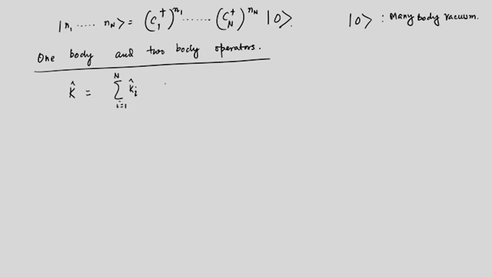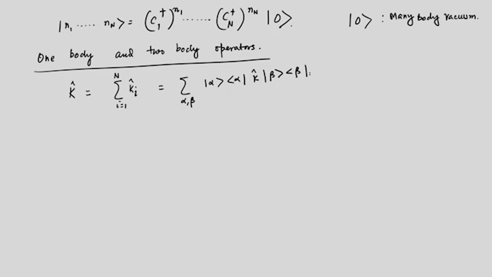Using the complete set of states, we can write this down as |alpha><alpha| k |beta><beta| and so on.